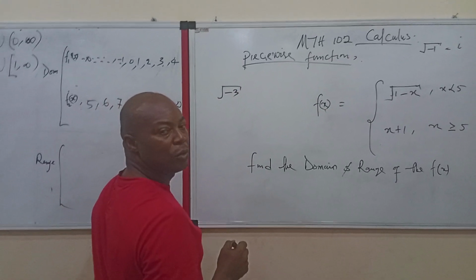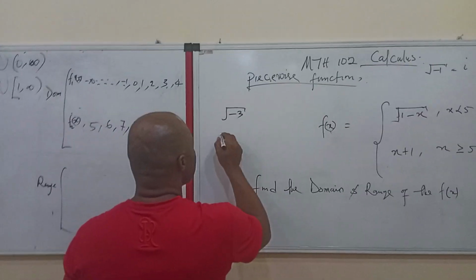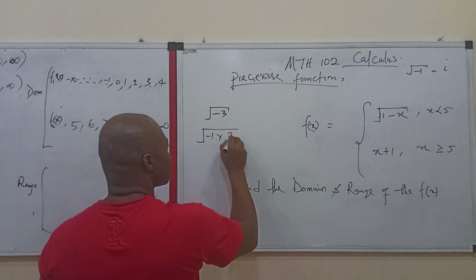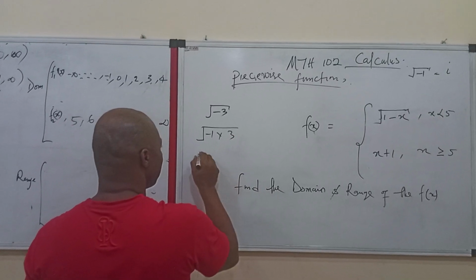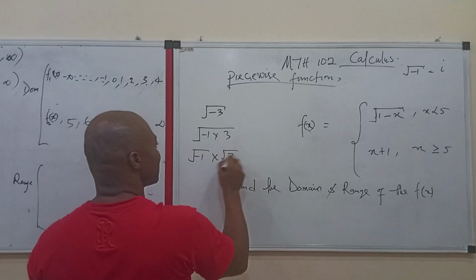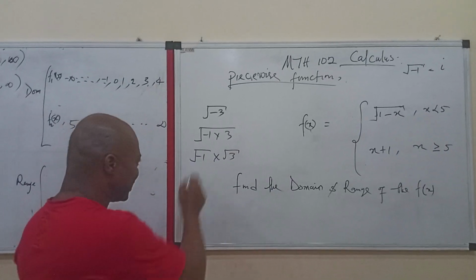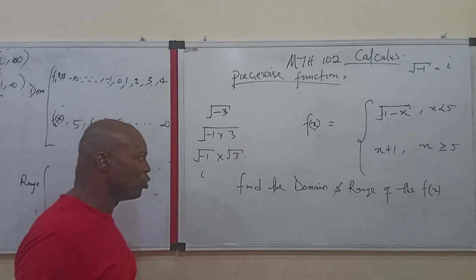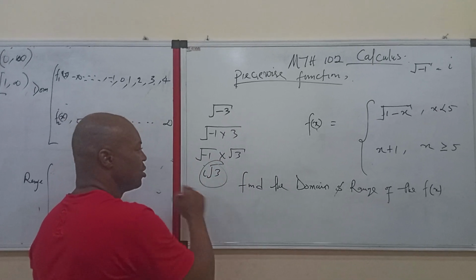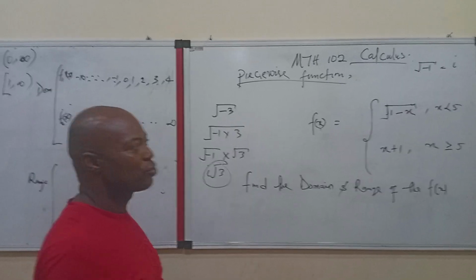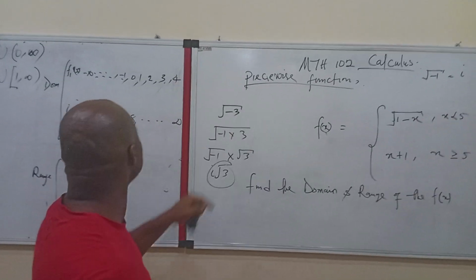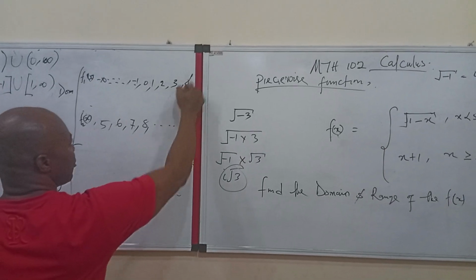We don't want this, because it is the same as -1 times 3, which you can write as -1 times root 3, and this is a complex number. We don't want complex numbers. So anytime a negative appears inside, we don't want it. So this one we will not take.